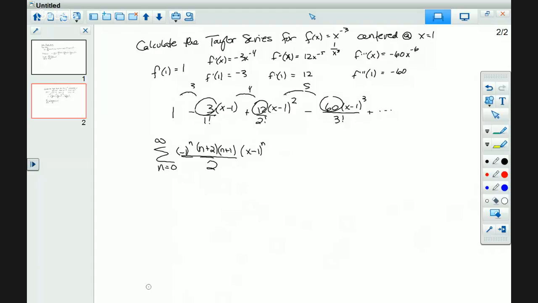So the series we were trying to generate was this one. n plus 1, n plus 2 by 12.